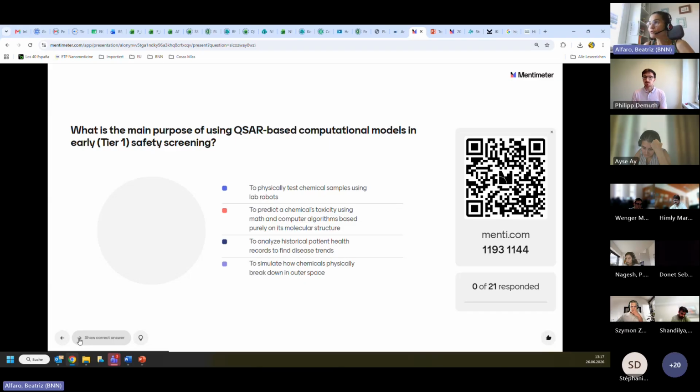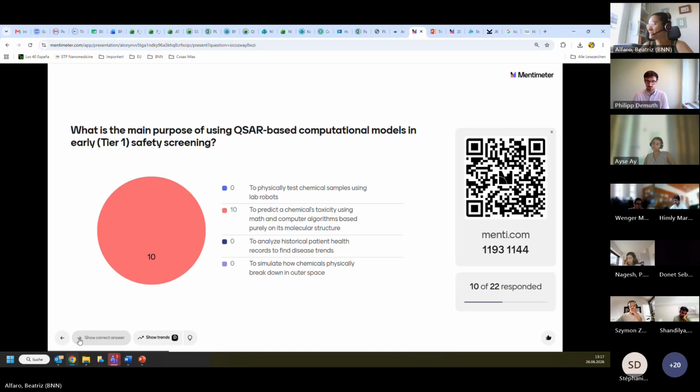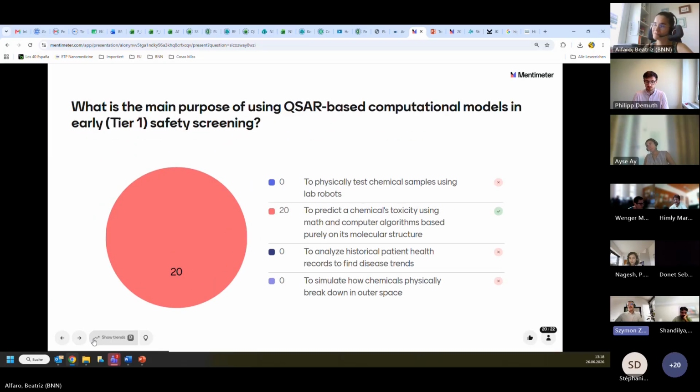You have different options: to physically test chemical samples using lab robots, to predict a chemical's toxicity using math and computer algorithms based purely on its molecular structure, to analyze historical patient health records to find disease trends, or to simulate how chemicals physically break down in outer space. There are no other votes than this one, so I think there's no need for comment. We can move on. You were all correct.